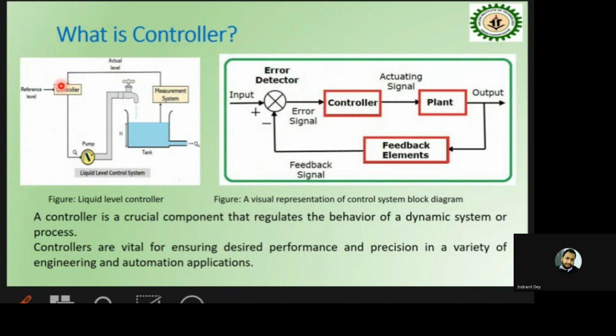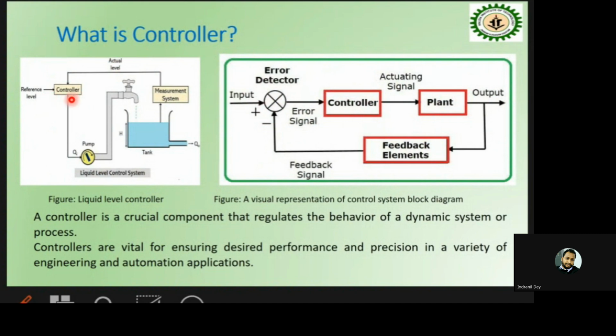See, in real practice, the controller itself has a comparator option which can measure the difference between your desired value or reference value and the actual value. That error will be the input to my controller, and the controller will decide what control signal should be generated to bring the tank height to the desired level.